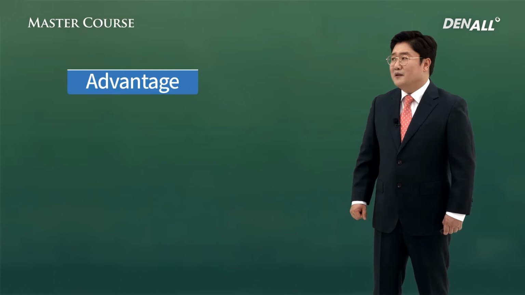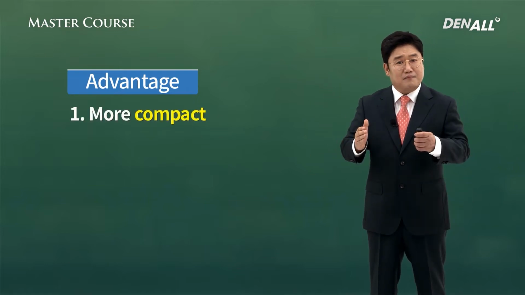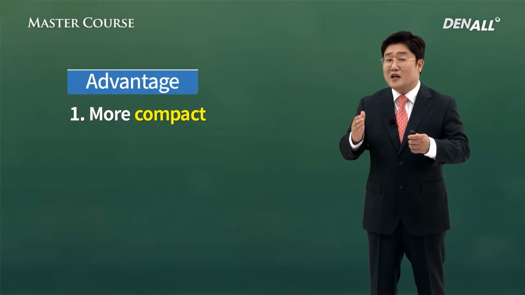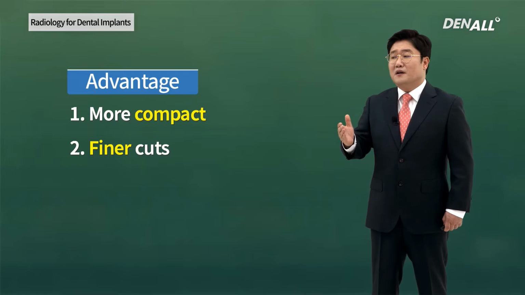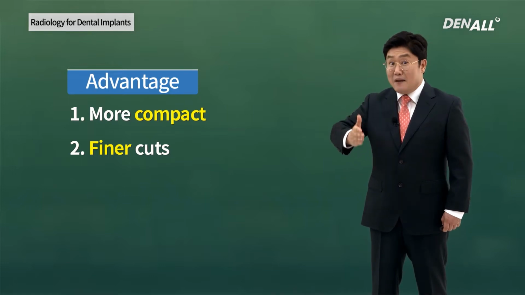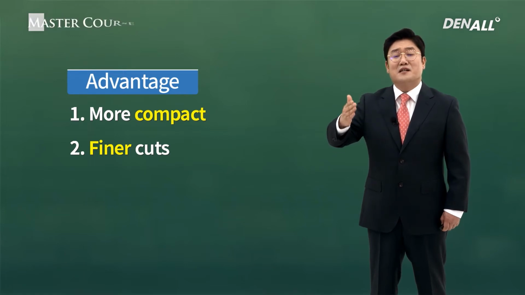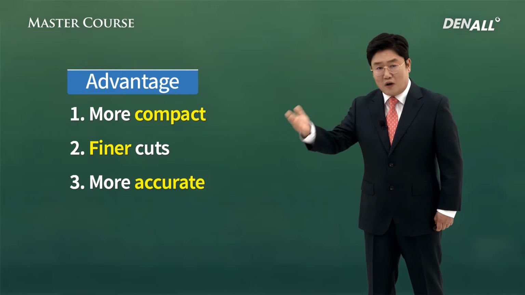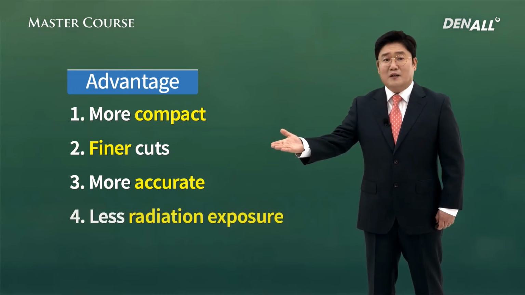The advantages are: 1. The equipment has become compact, so it occupies less space. 2. Finer cuts of images can be acquired. 3. Finer images are the basis, therefore the information has become more accurate. 4.